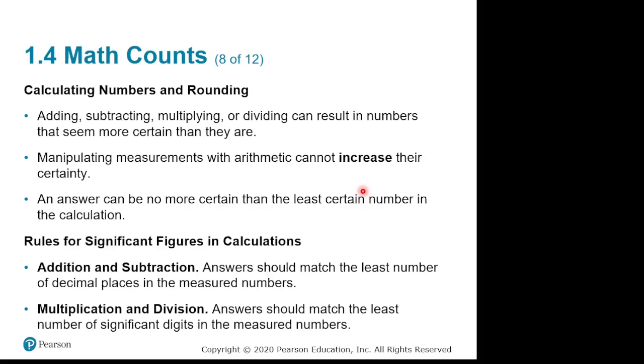And so the rules for uncertainty are going to change depending on this. What you're going to do for addition and subtraction is take your answer, and the number with the least number of decimal places is where you cut that off. Okay? And so if your least number of decimal places is no decimal places, you're going to cut that off at no decimal places, right?